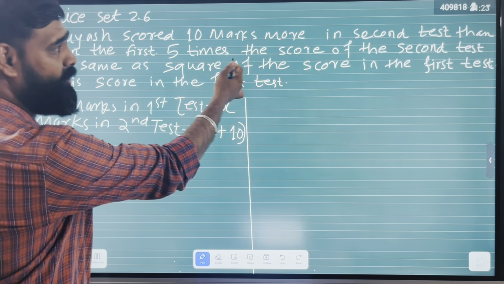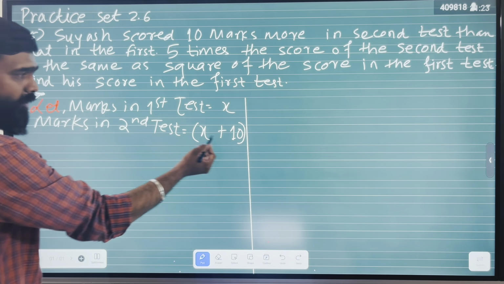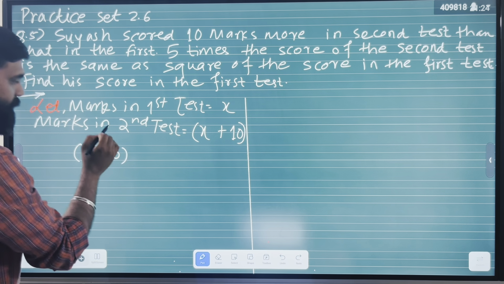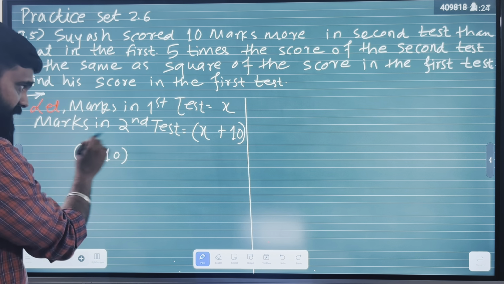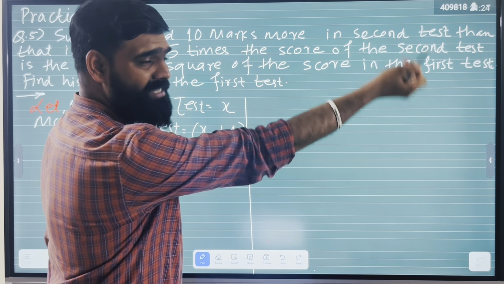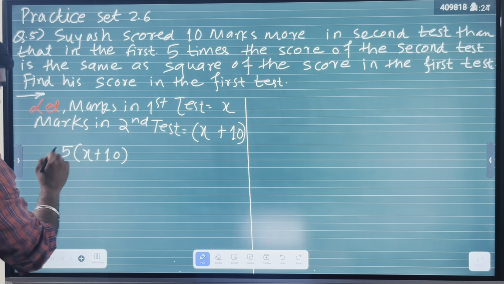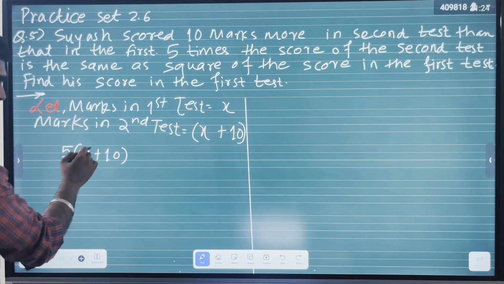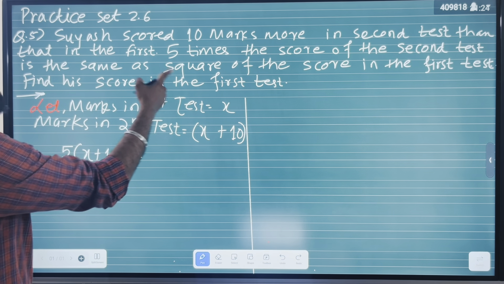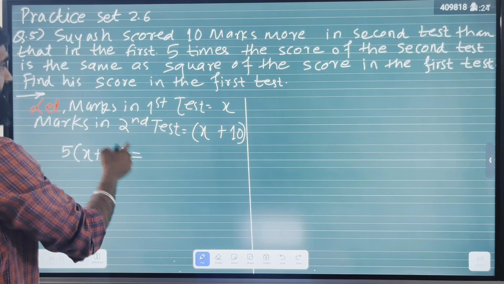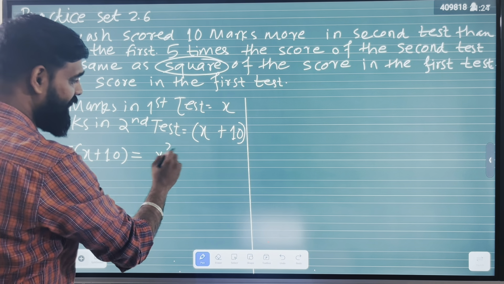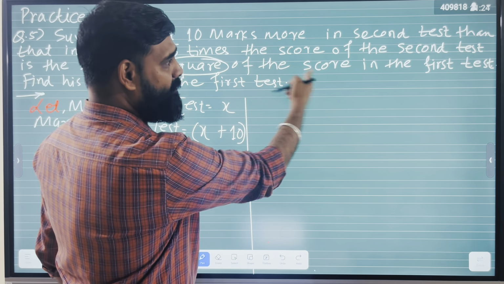So this is the condition, 5 times the score of the second test. The score of the second test is x plus 10. So we have to multiply this score of the second test by 5, because they have given 5 times the score of the second test. 5 times the score of the second test is the same as the square of the score in the first test.